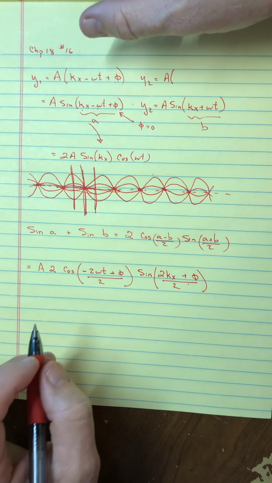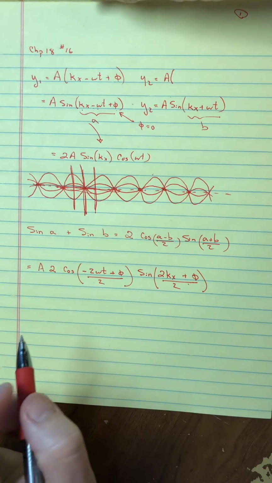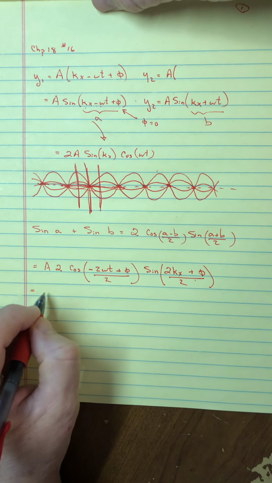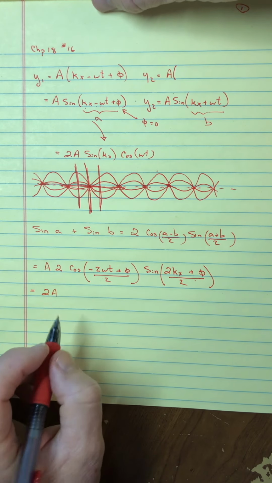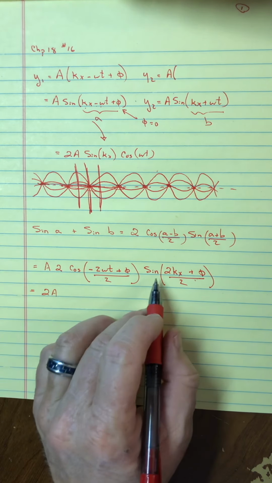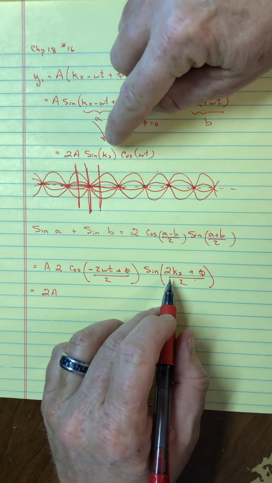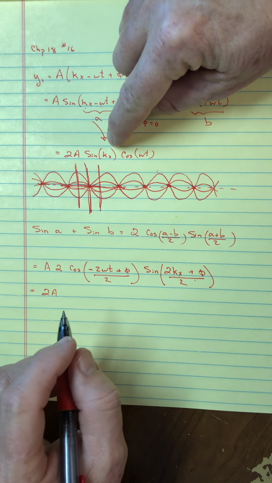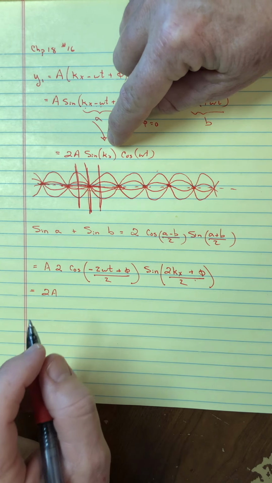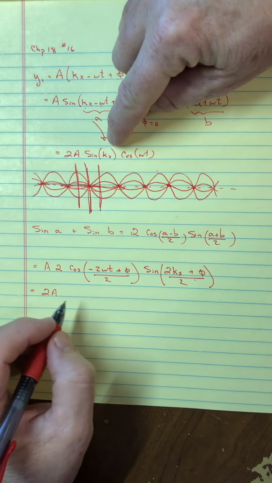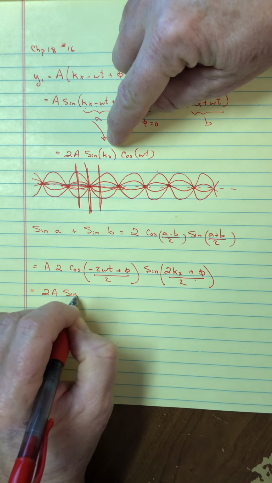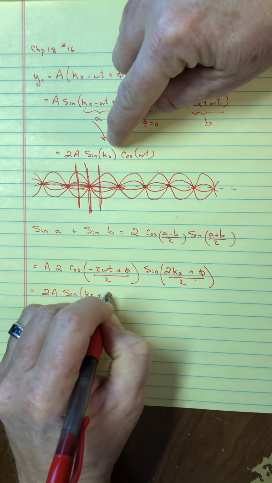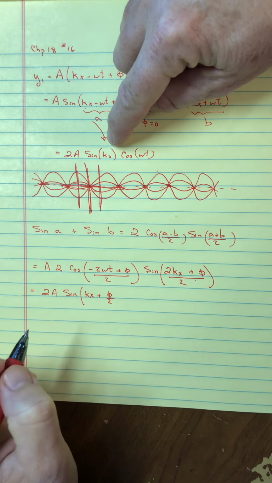Okay. Now, when we simplified it, we didn't have a phi. So we did something like this. We wrote the sine first. I don't know if that really matters. But if I write the sine first, I get sine, and this becomes kx, and I get phi over 2.